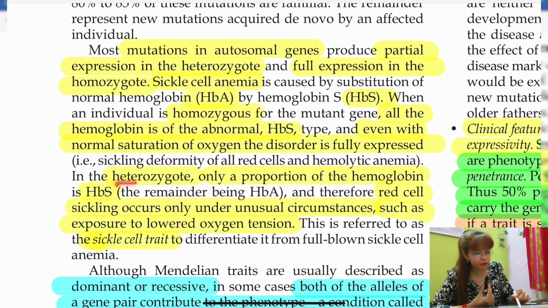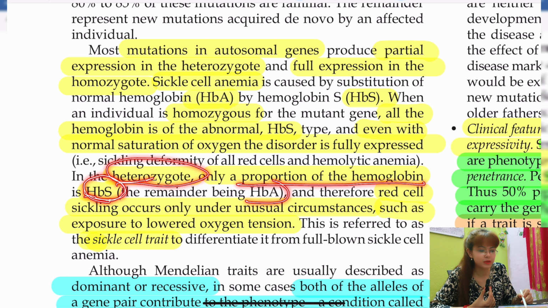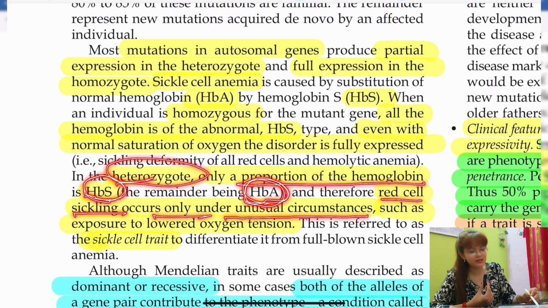But if it is a heterozygote, then only a small proportion of the hemoglobin is HbS, meaning they have HbS and they also have HbA, and therefore red cell sickling occurs only under unusual circumstances and doesn't occur in normal circumstances.